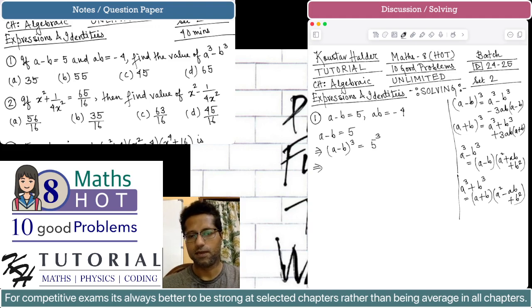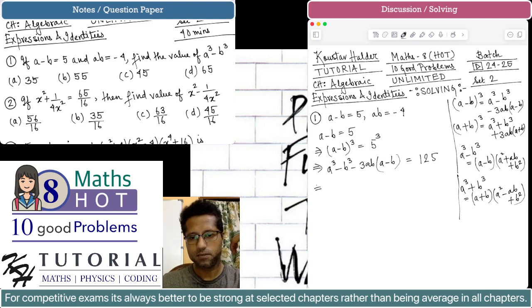on the left hand side, a minus b whole cube, if I apply the identity, this is a cube minus b cube minus 3ab into a minus b, is equal to, we get 5 cube is 125.